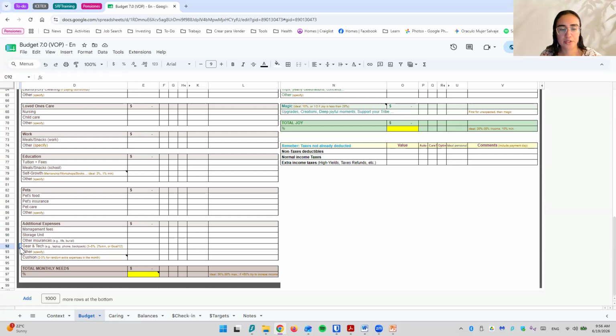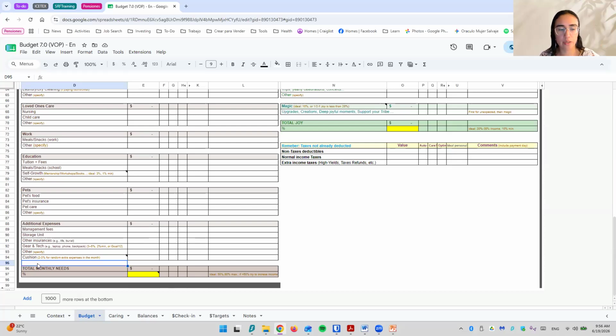So it's suggested that we save between 2 to 5% of our available income for these things, depending on your goals, what you feel is good for you to have saved yearly, and then you have that for those things. Then any other additional expenses that come to mind, and then cushion.